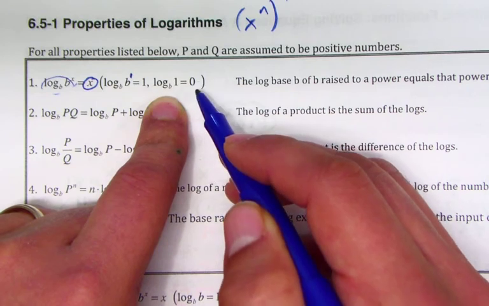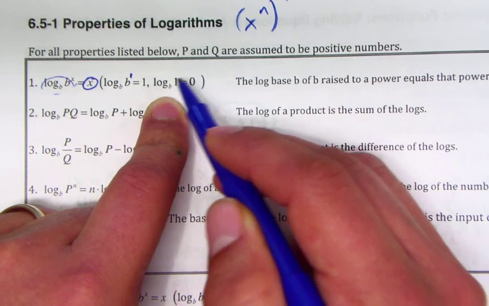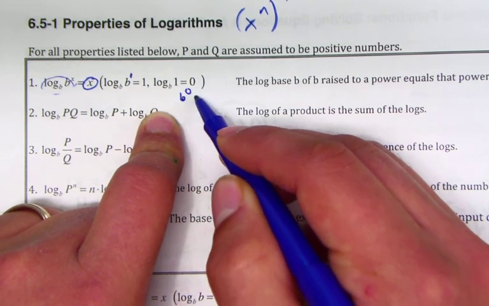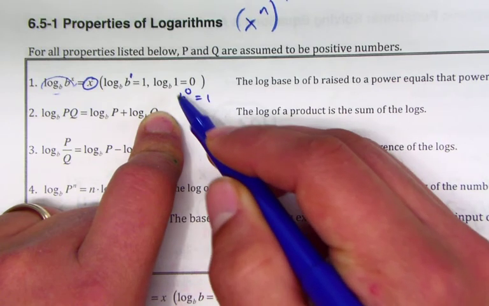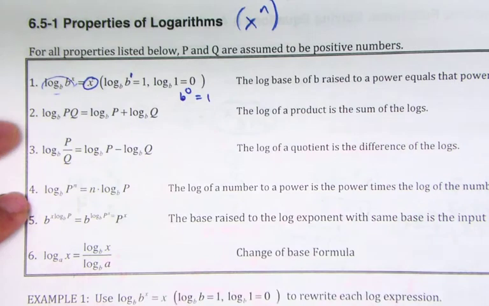How can we explain that? What's the exponential version of this? Yes, anything to the 0 is 1. Does that make sense? Okay, so that's property 1.